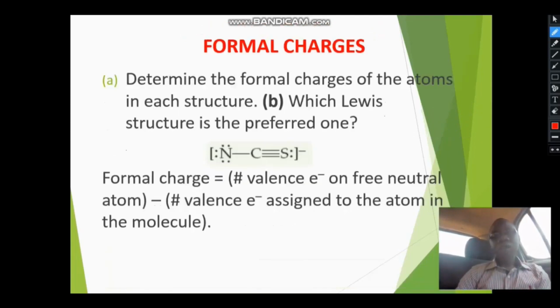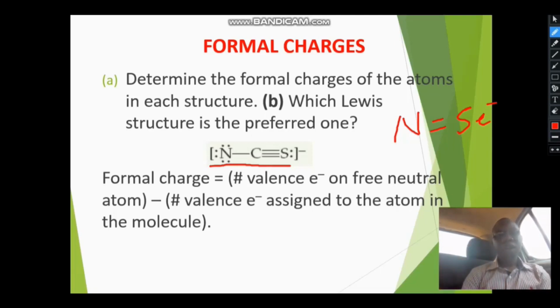Know that the number of valence electrons of a free neutral atom of nitrogen is 5 electrons. Now let's get the number of electrons assigned to nitrogen in the structure. To find this, you add the lone pair electrons, then the bonds, and you divide the bond electrons by half.